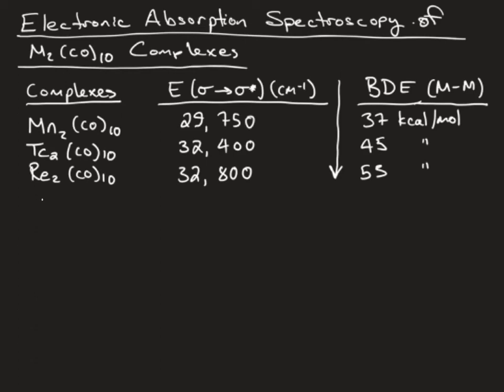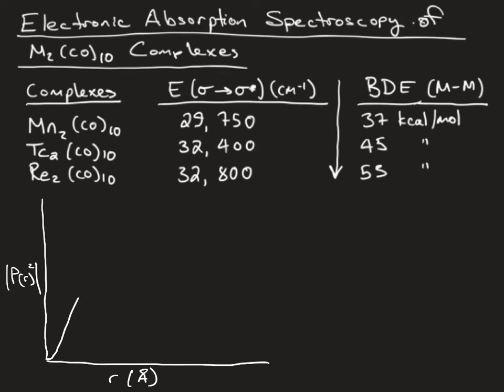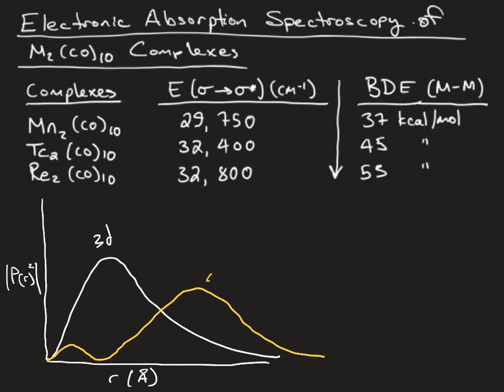So if we look at radial distribution functions, so here's distance in some distance unit and the probability of finding it at some point squared. And for 3d, this would look like this. Going to a 4d, the orbital extends out further.